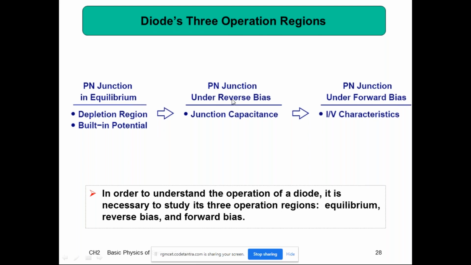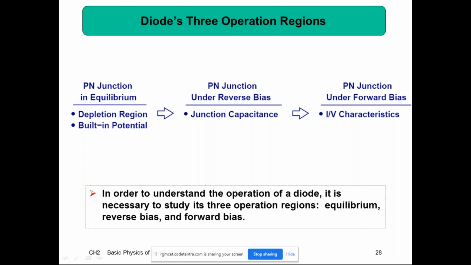Now the second case is the PN junction under reverse bias. Okay. Connect some potential difference across the PN junction. The case is reverse bias. Under reverse bias, the main important concept is junction capacitance. Mainly concentrate on junction capacitance. And the third one is the PN junction under forward bias. Okay. Connect the external potential such that the PN diode enters into forward bias.